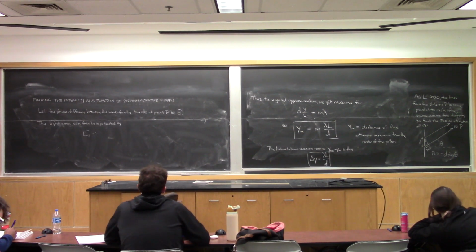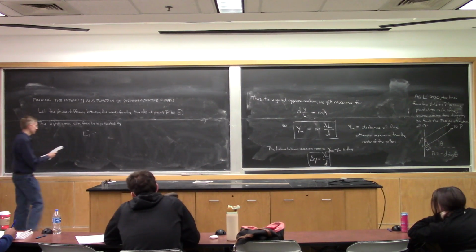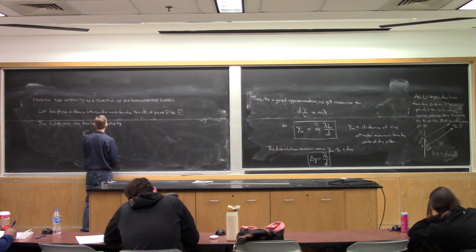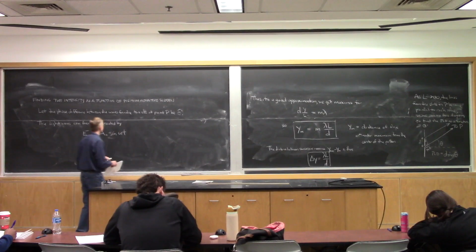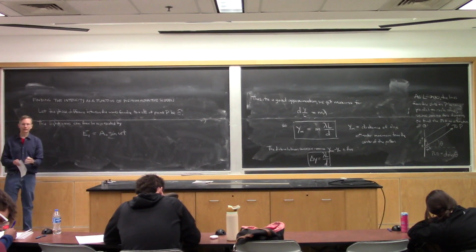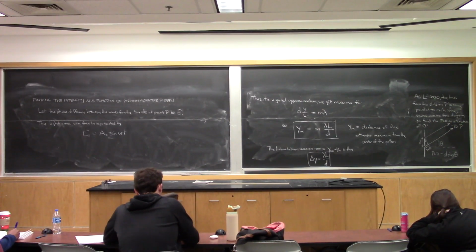So since they're in the same direction, we don't need to worry about angles between the vectors or anything, so we just treat everything as scalars. E1, we'll say that's A naught sine omega t, right? Because it's a sinusoidal variation in time with angular frequency omega.